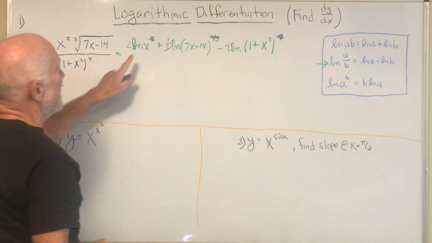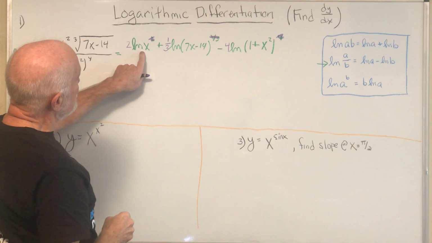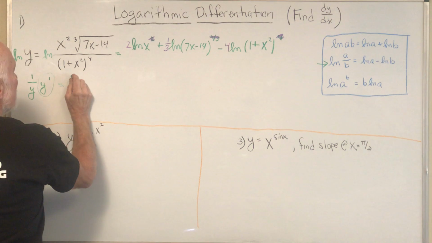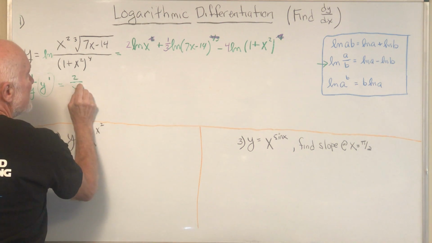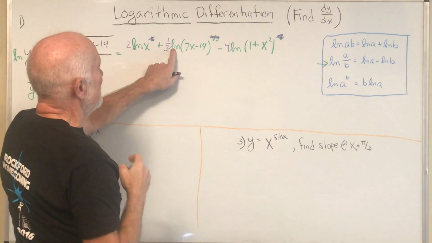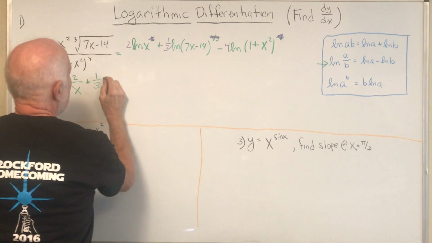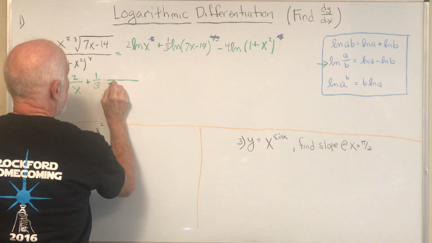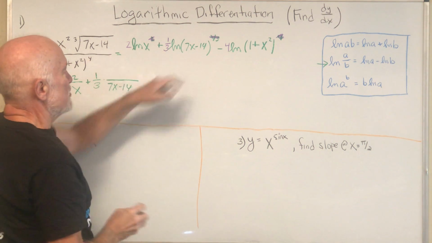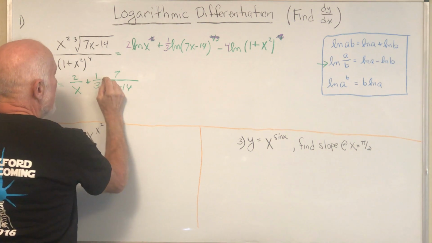Let's see if this made our differentiation easier. The derivative of the natural log of x is just 1 over x. And again, the natural log of this would be 1 over that function times the derivative of that function. We're just doing the chain rule.